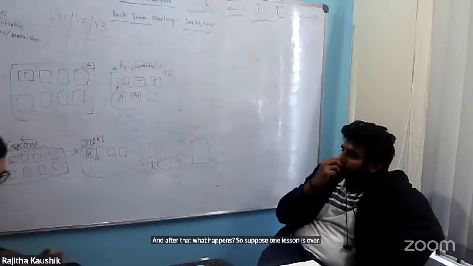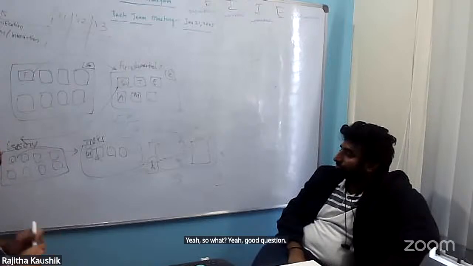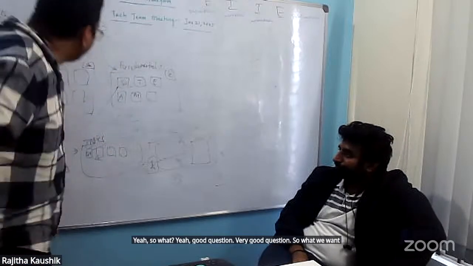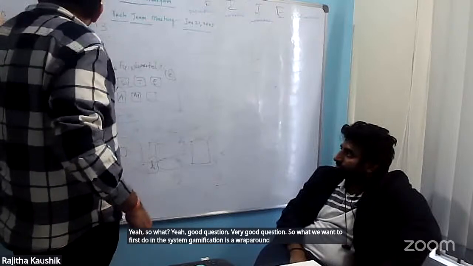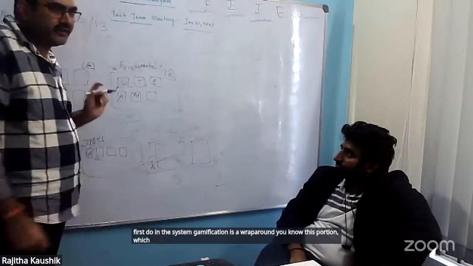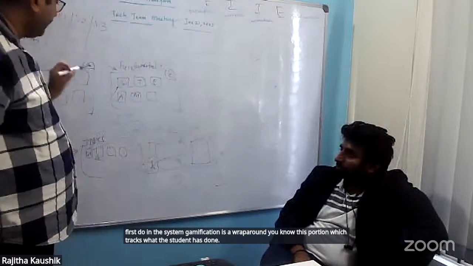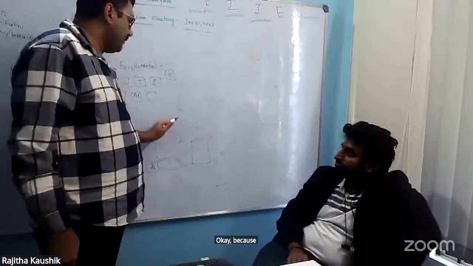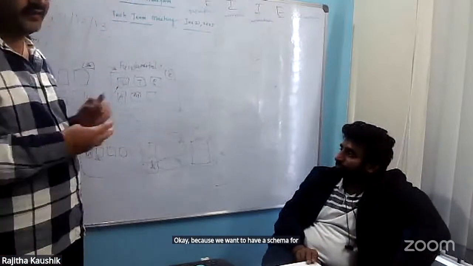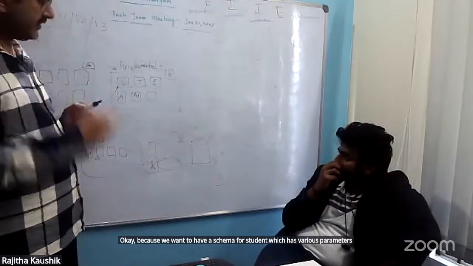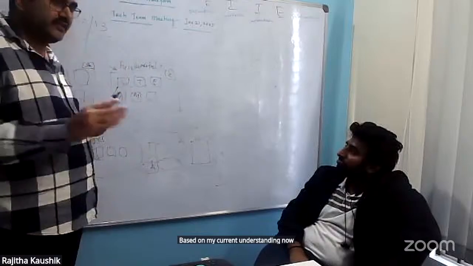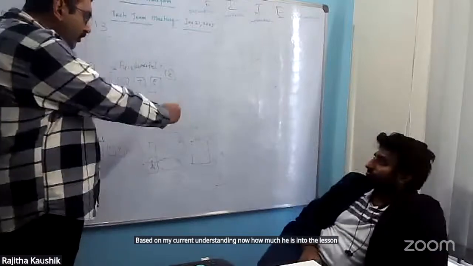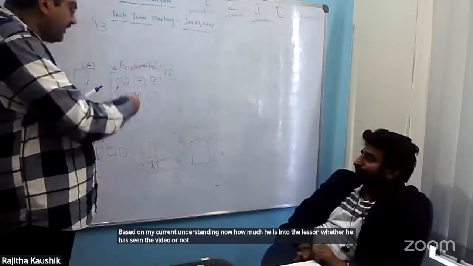Yeah, good question, very good question. What we want to first do in the system, gamification is a wrapper on this portion, which tracks what the student has done. We want a schema for the student with various parameters: whether he has started a lesson or not, how much he is into the lesson, whether he has seen the video or not, whether he has done X activity or not.